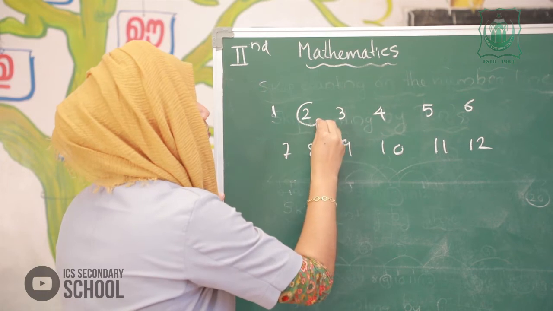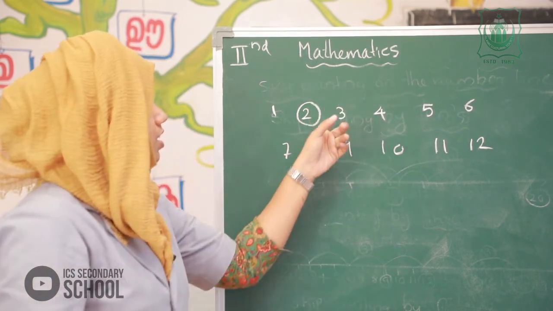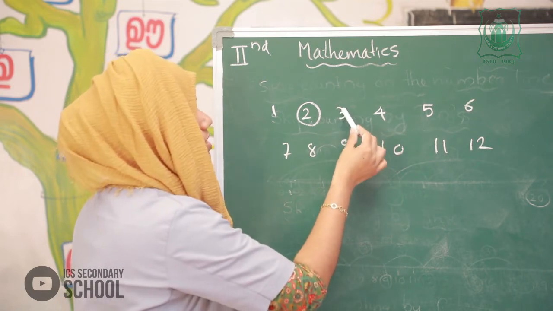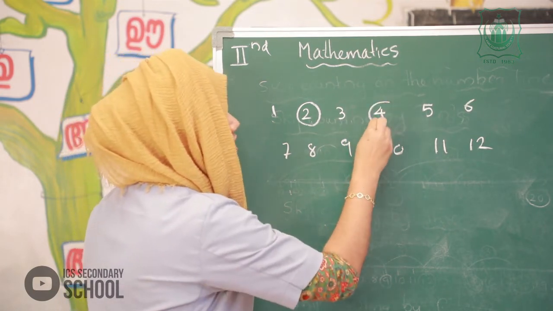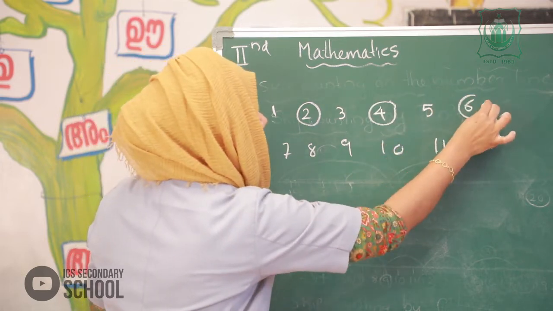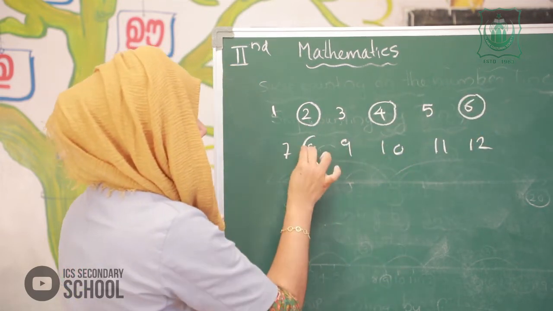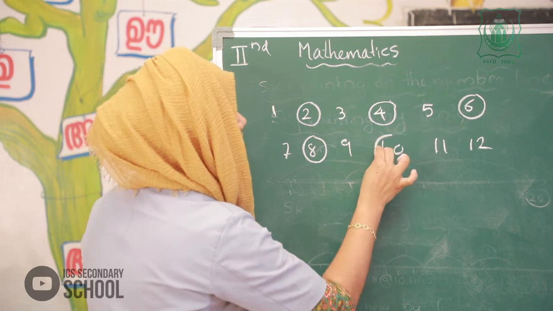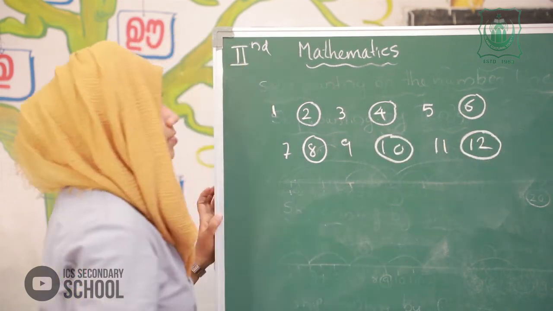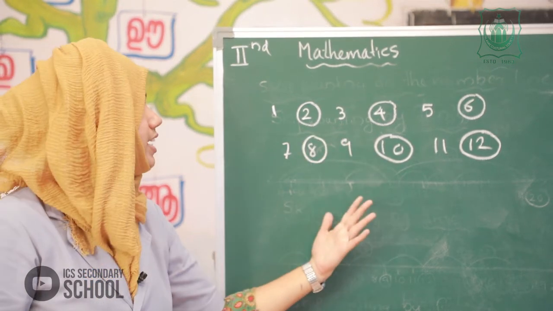Start from 2. So, from 2 we can skip counting by 2. That means from 2 we get 4. Then again 6, 8, 10 and 12. Okay, you got an idea.